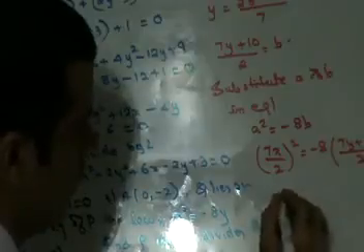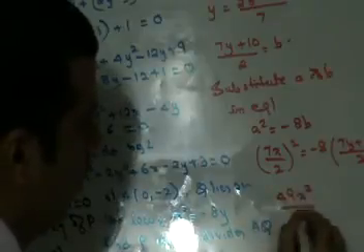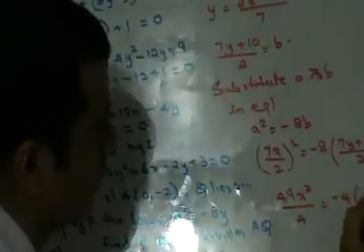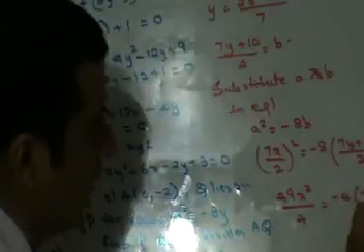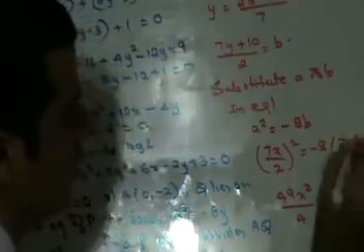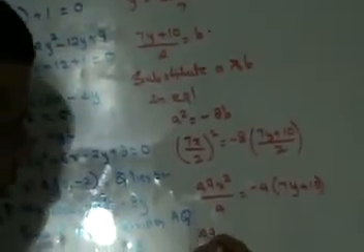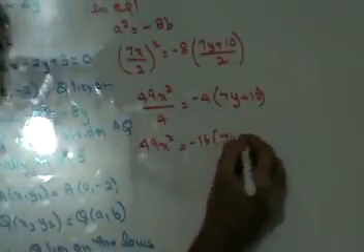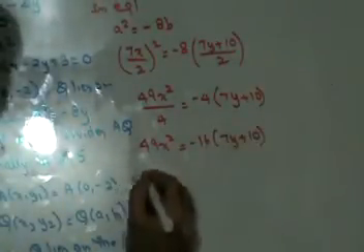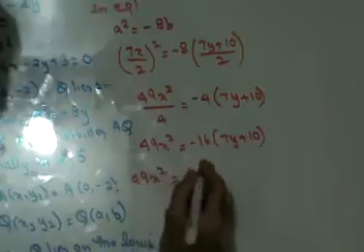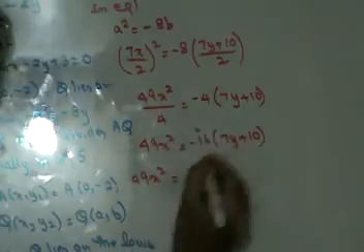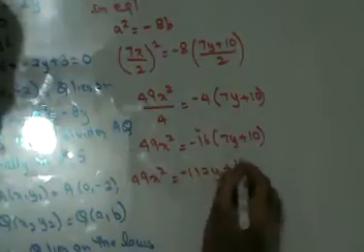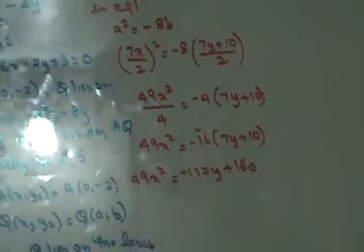This can be written as 49x square upon 4 is minus 4 into (7y plus 10). I cancel this, so you get 49x square is minus 16 (7y plus 10). 49x square is, 6 7s are 42, 7, 8, 9, 10, 11, minus 112y plus 160. That will be the equation of the locus.